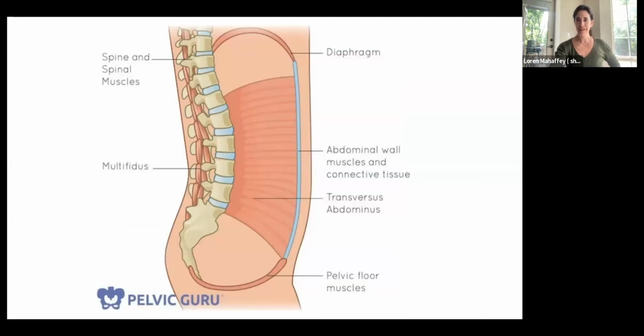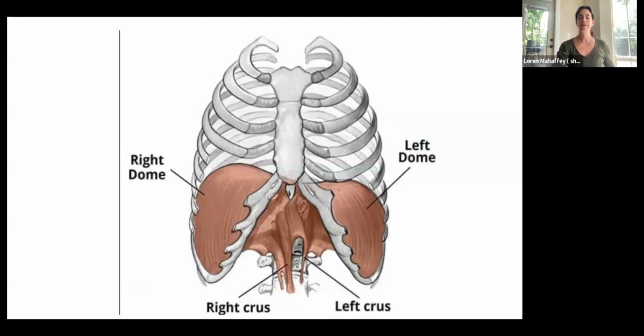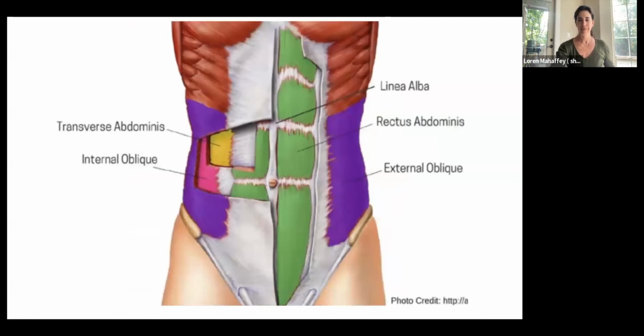We often hear of the respiratory diaphragm as the lid of the canister. The transverse abdominis, that deep abdominal layer, is often considered the front and the walls of the canister, but really all the abdominal muscles work together.